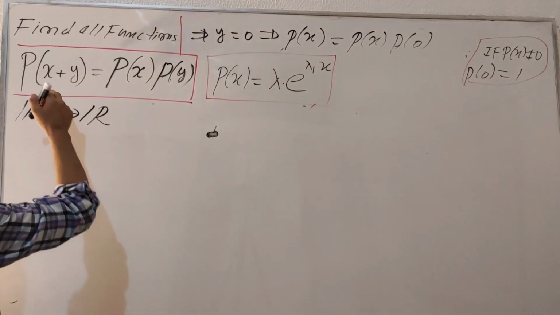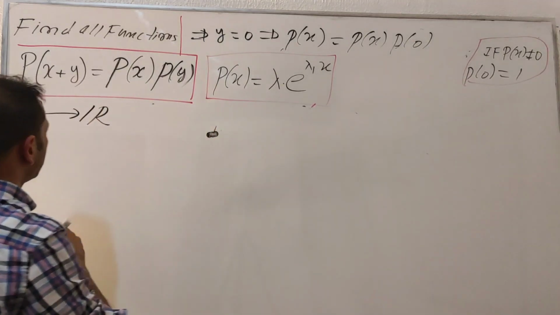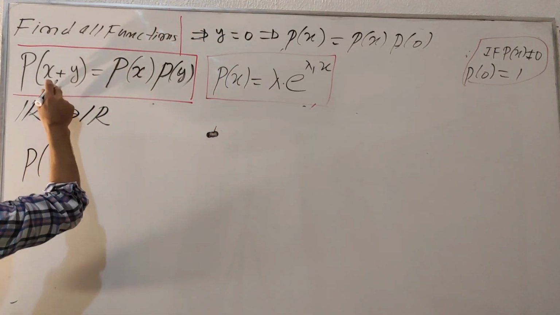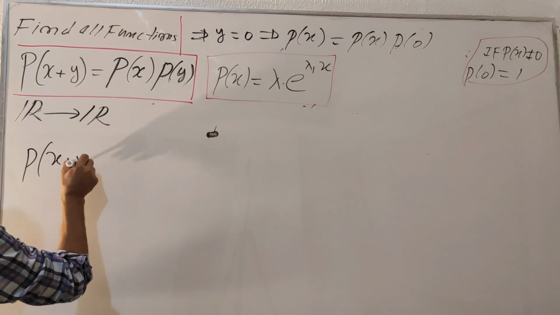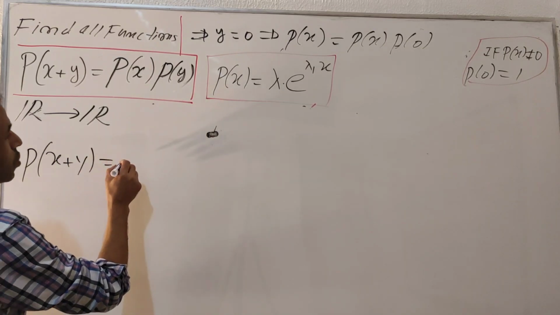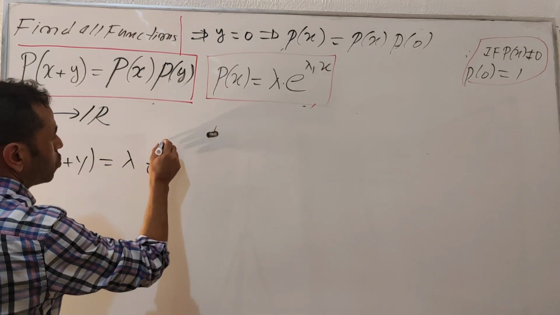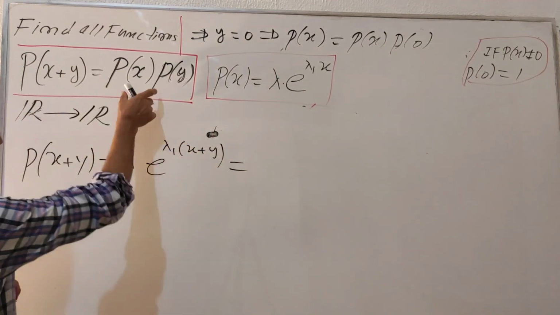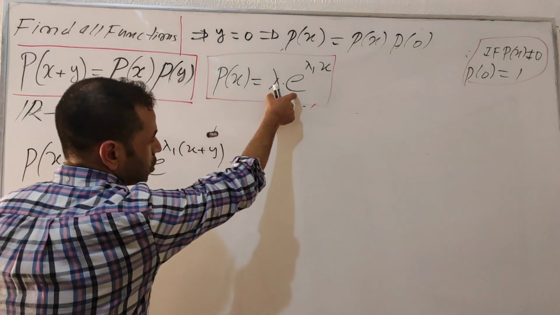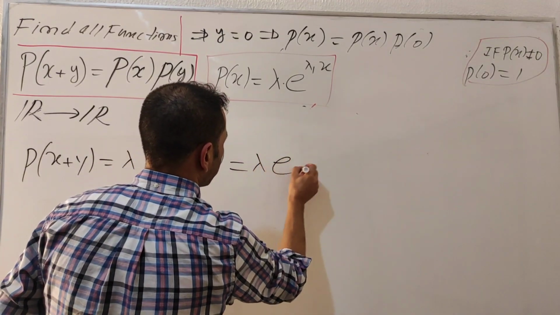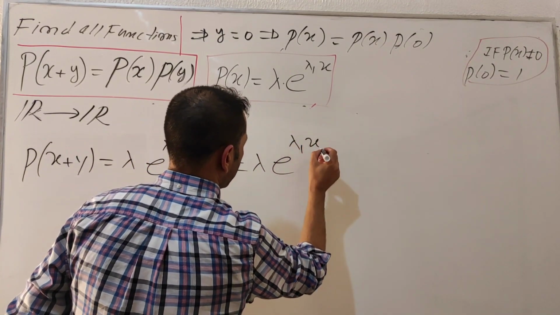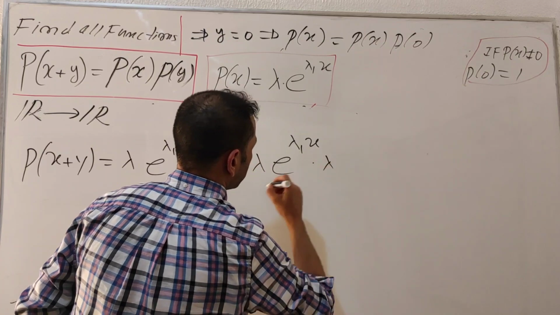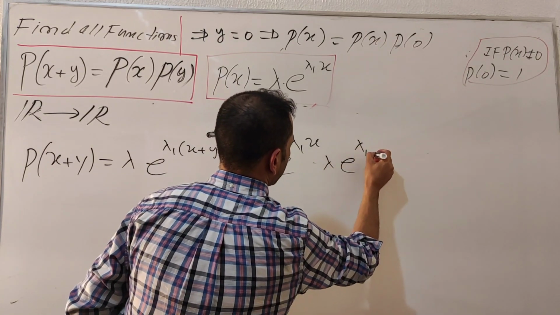Replacing the same thing here, I put p of x plus y, which equals lambda multiplied by e to the lambda 1 times x plus y. Then replace p of x and p of y as you have them: lambda multiplied by e to the lambda 1 x, multiplied again by lambda e to the lambda 1 y.